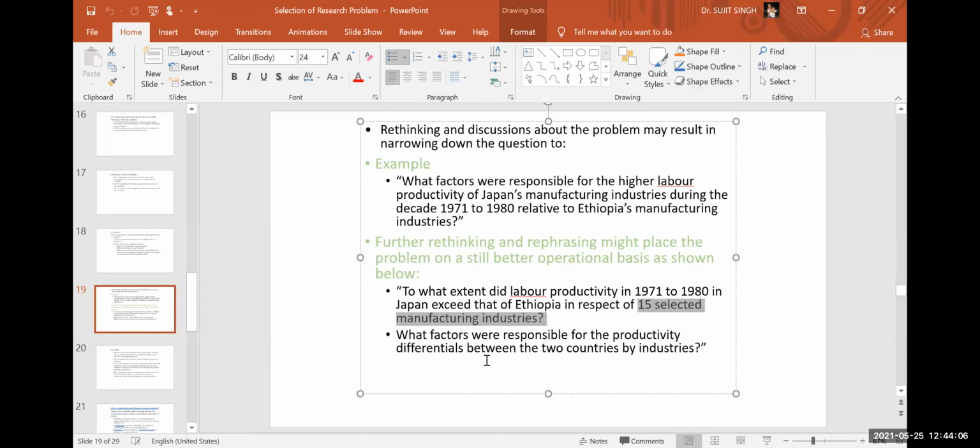And what factors are responsible for the productivity differentials between the two countries by industry? You can take the 15 manufacturing industries and compare them, and you can come up with the differences between them, like that.